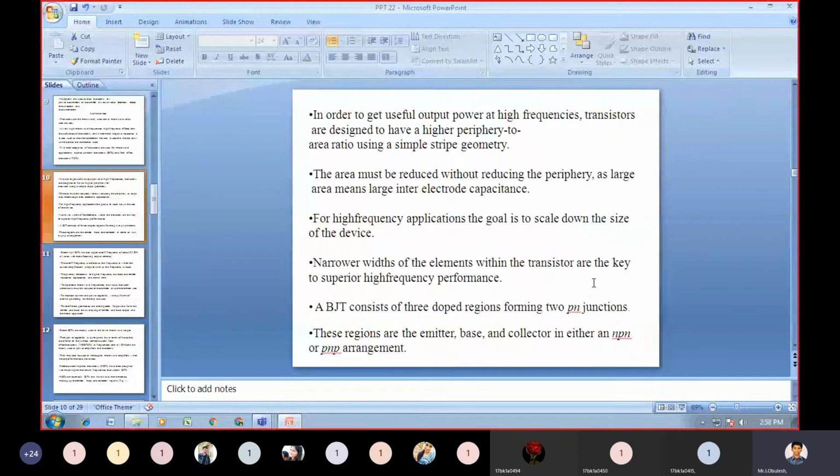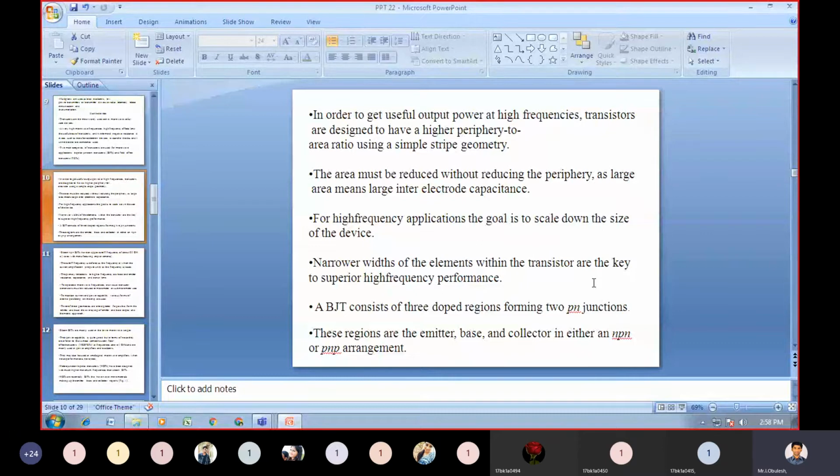In order to get useful output power at high frequencies, transistors are designed to have a higher periphery to area ratio using a simple strip geometry.